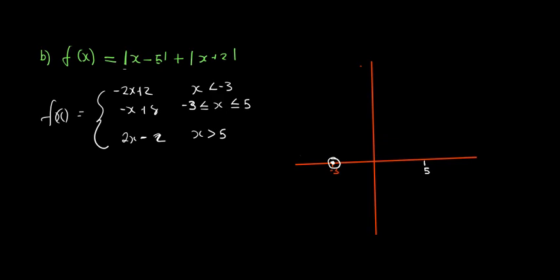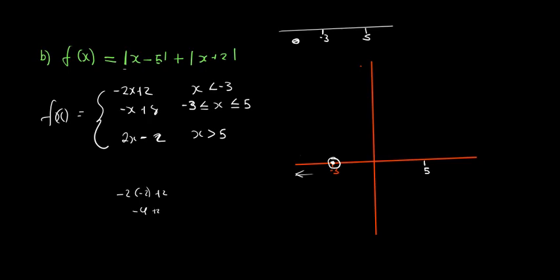Then I can choose numbers that are less than negative 3. Remember the graph, we have negative 3 and 5 there. So numbers on this side, we can have negative 2. If I put negative 2 there, it will be negative 4 plus 2, which will give me negative 2.